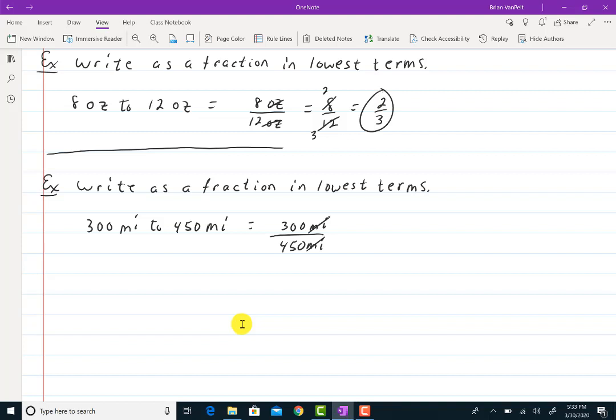And while I'm here, I guess I'm going to do a little simplifying also. For me, the quickest thing that I see that cancels out is 10 goes in the top 30 times and 10 goes into the bottom 45 times. So we have 30 over 45. And that's not as simple as it gets, though. I can go more. Notice that 15 goes into 30 and 15 goes into 45. In fact, 15 goes into 30 twice, and 15 goes into 45 3 times. So as with the last example, we end up with 2/3 again.